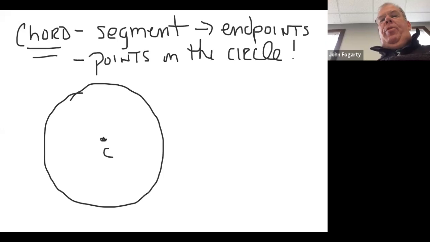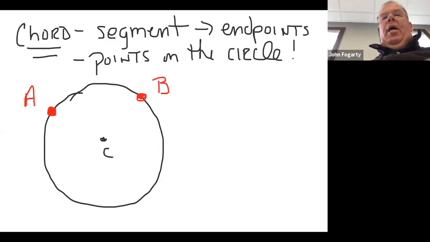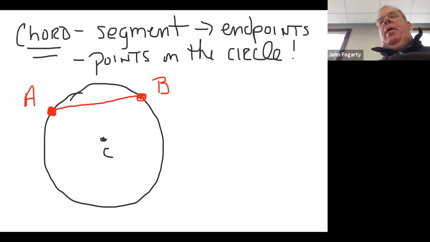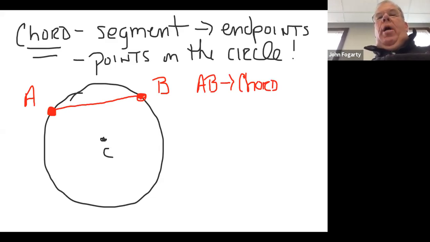Now, if I have a point on the circle out here, I'm going to call that point A, and another point on the circle over here, I'm going to call point B. If I draw a line segment that connects A and B, AB is what we would call a chord because its two endpoints are on the circle. Does that make sense?